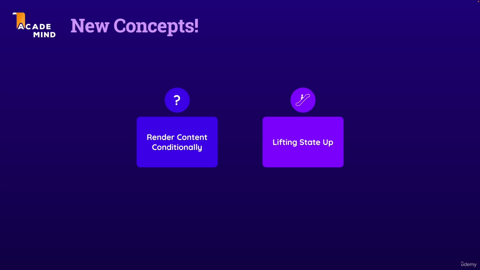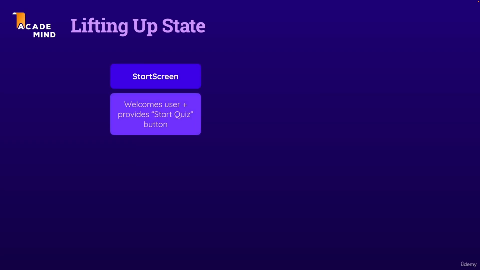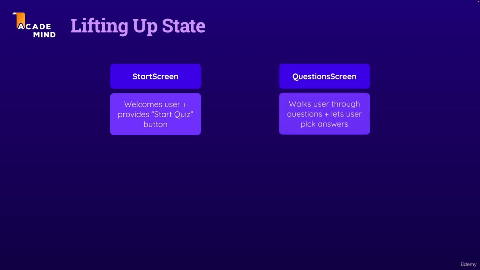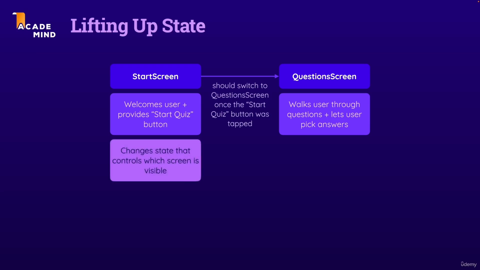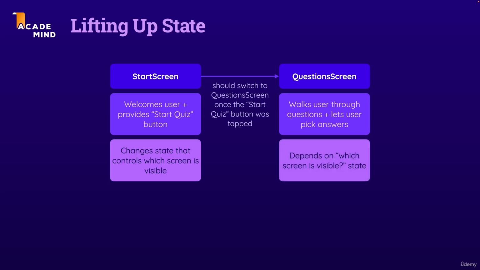So what's this lifting state up concept all about? Well, at the moment, in our application, we have the problem that we have the start screen, which welcomes the user and provides this start quiz button. But we then also have the questions screen to which we want to navigate when that button is pressed. So the problem that we have here is that the button that should trigger the state change is in one widget, and the widget that should be affected by the state change is another widget.